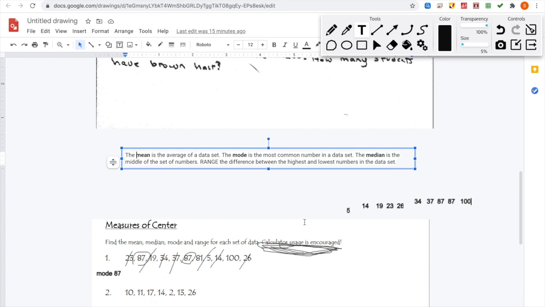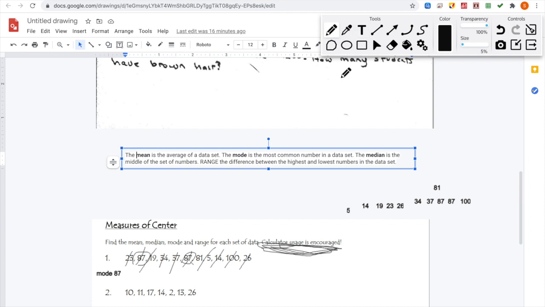So I'm going to go back and double check. 1 through 10, then 1 through 11. So I want to look back at which one I didn't cross off. I know I used the 87s. I know I used 100, but what I missed was this 81 right here. So that's a way we can go back and double check and make sure that we get all of them. So I'm just going to slip 81 in there.